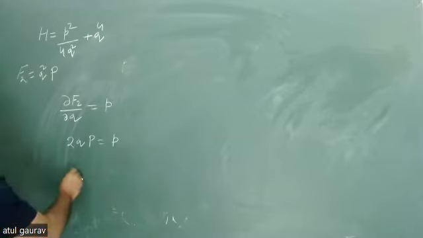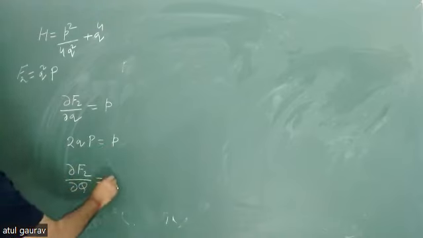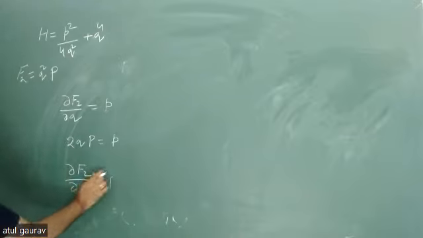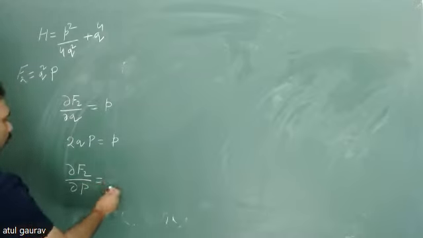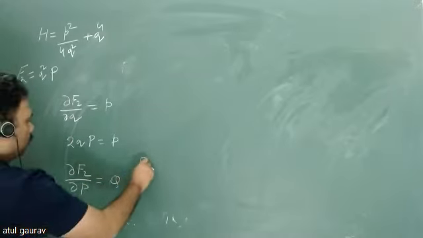And the second equation is del F2 upon del P is equal to what? Capital Q. And you can find this F2.